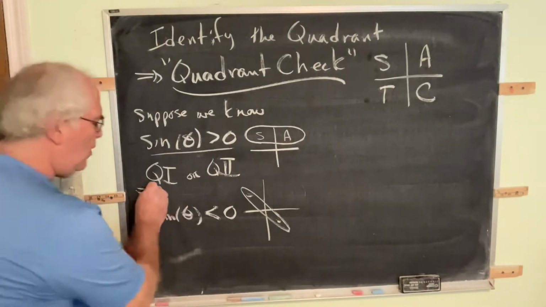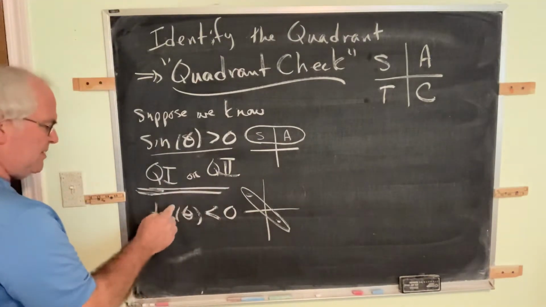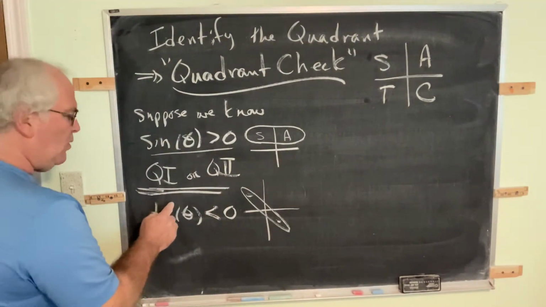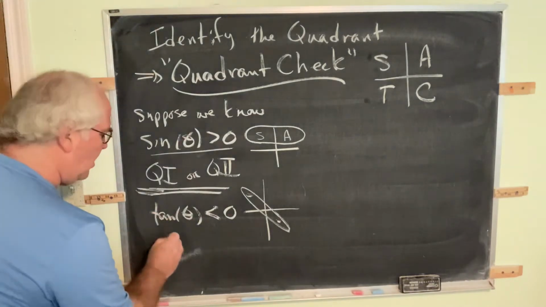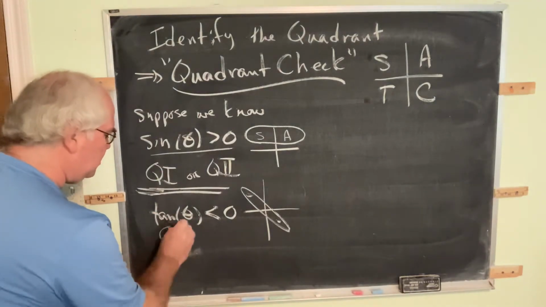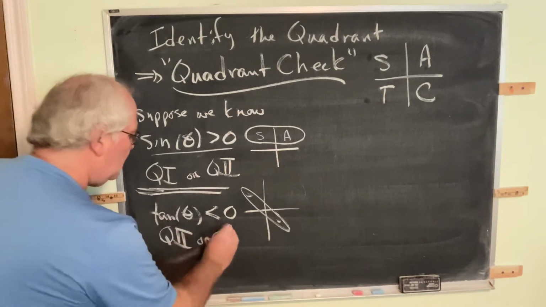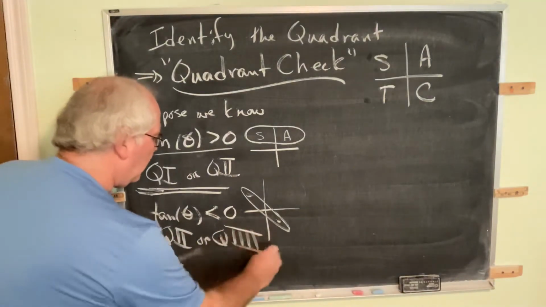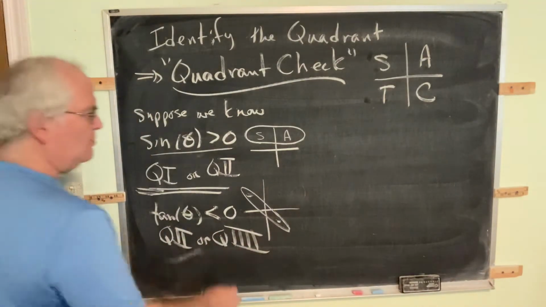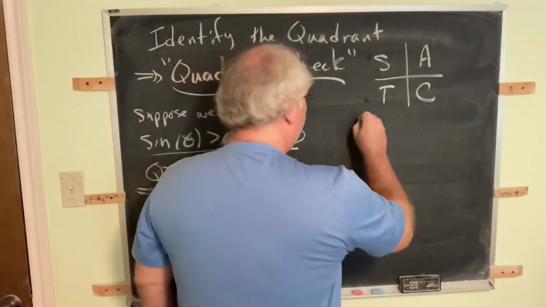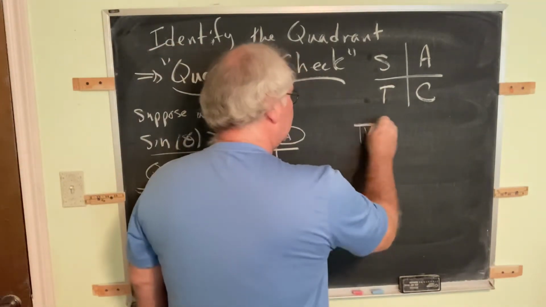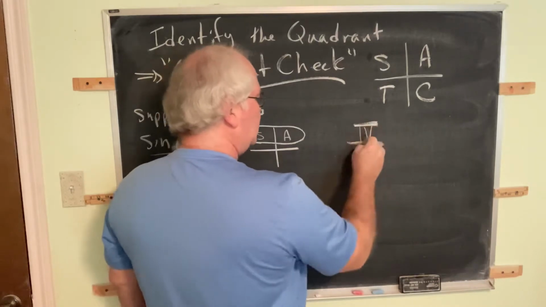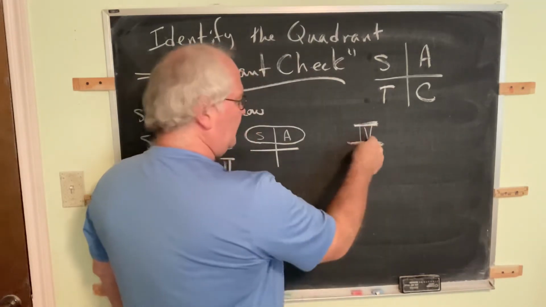So, if all we're given is this piece of information, then we would know that we are in either quadrant 2 or quadrant 4. Again, I write my Roman numeral 4s like this. Whenever I write Roman numeral 4s the other way, my Roman numerals start to look like 3s.